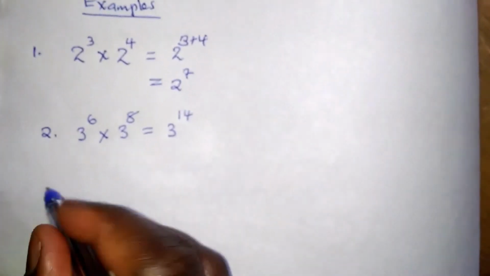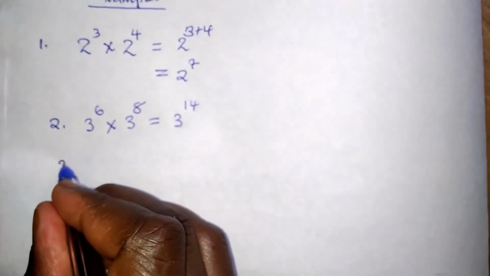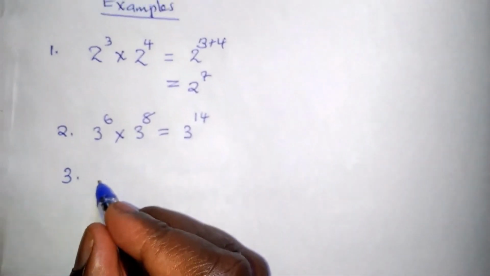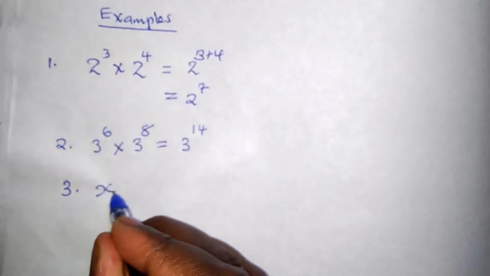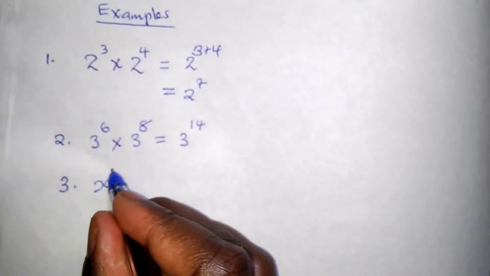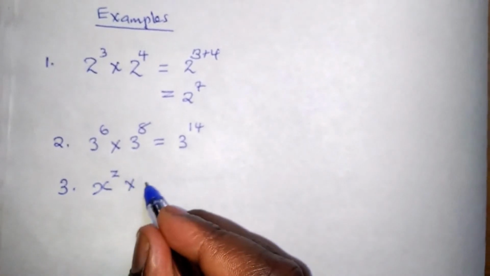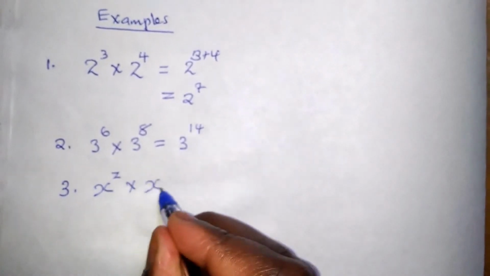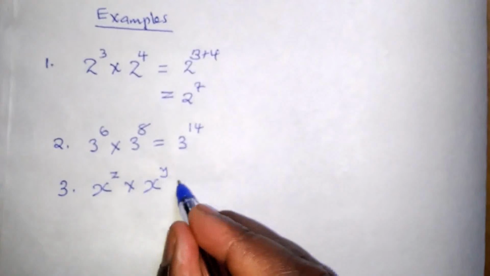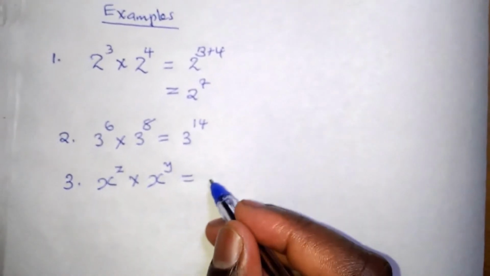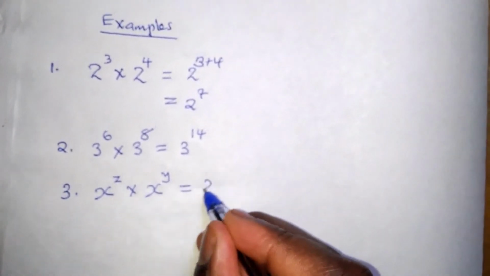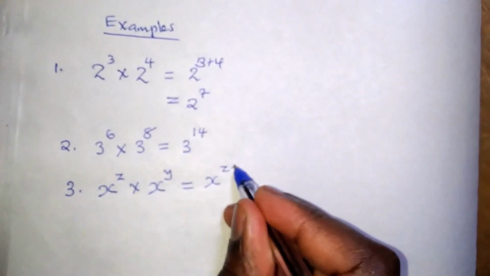Another example, maybe let's work with some unknown x raised to z multiplied by x raised to y, we get x raised to z plus y.